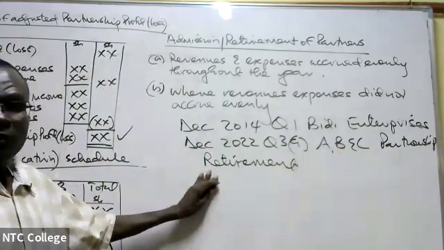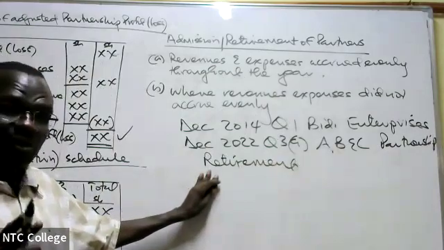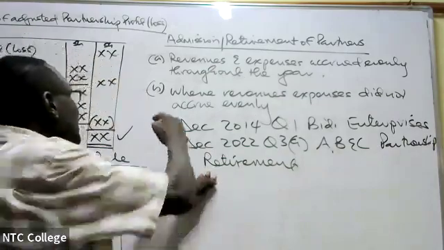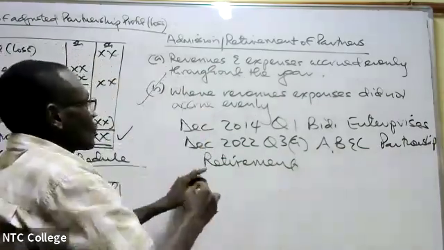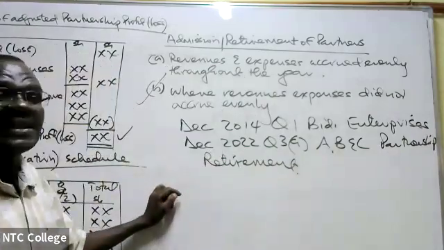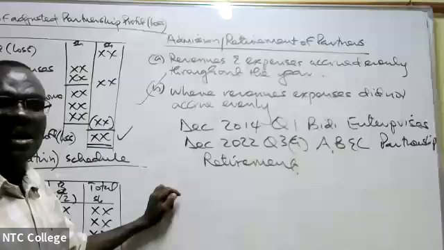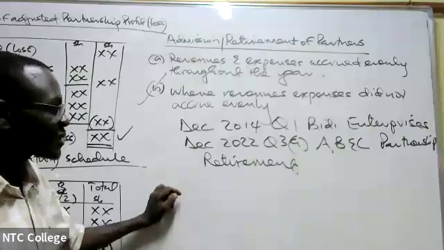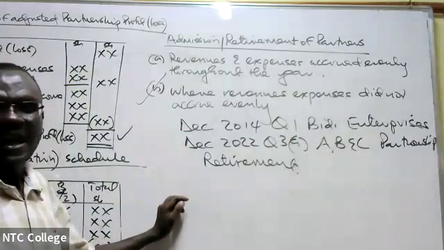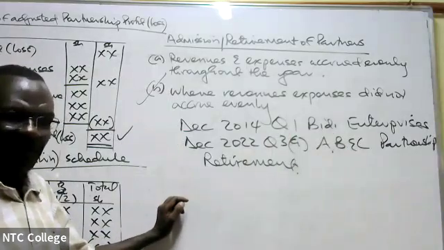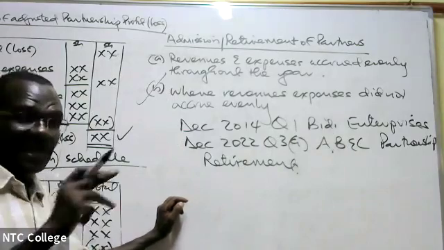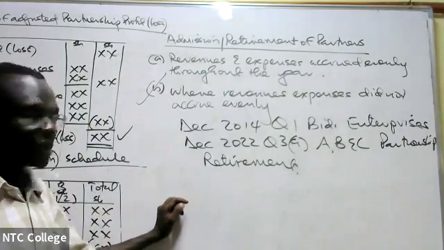Again, it's a case of retirement where the revenues and expenses did not accrue equally. This is a case of B. Revenues and expenses did not accrue evenly because assets are purchased on retirement of C. When C retires, I think somewhere in September, then they buy assets. So you'll adjust both the P&L and the distribution schedule.